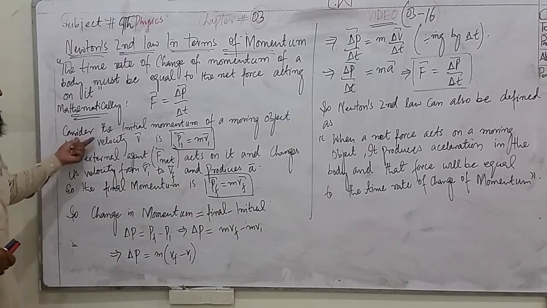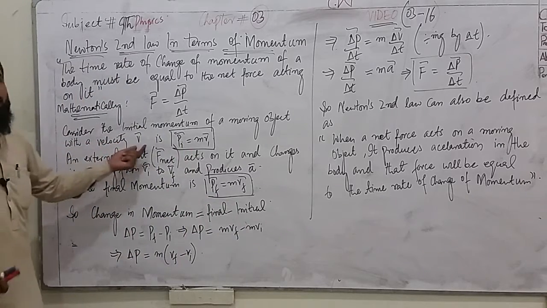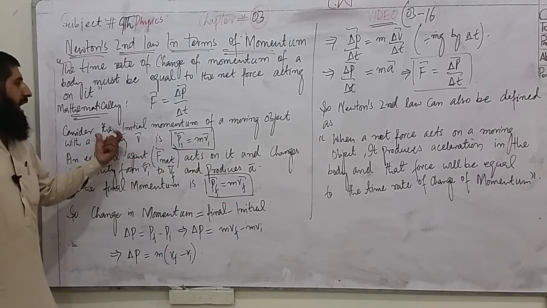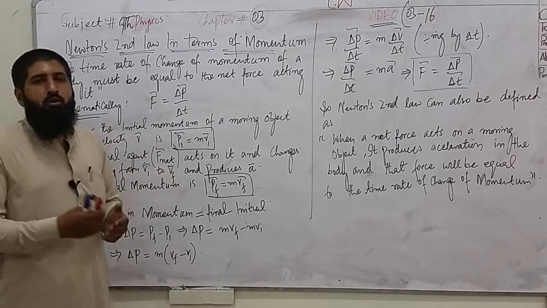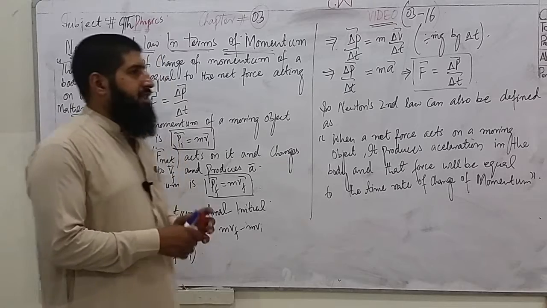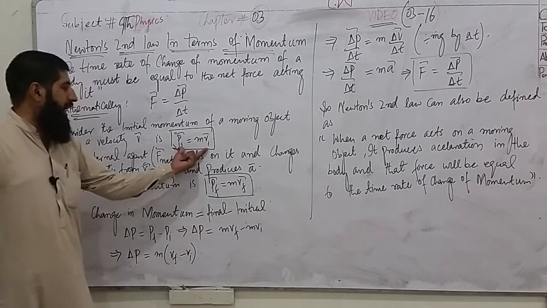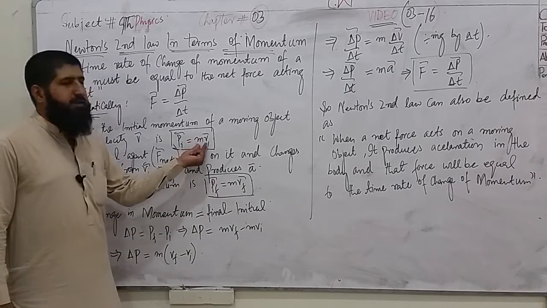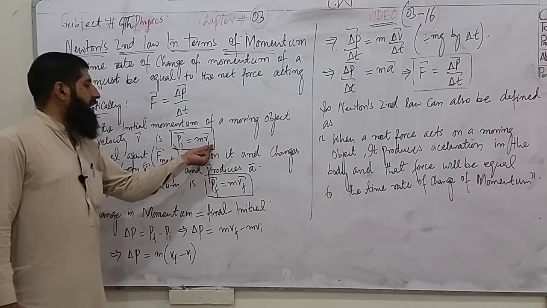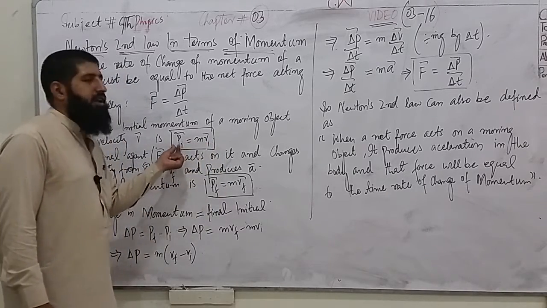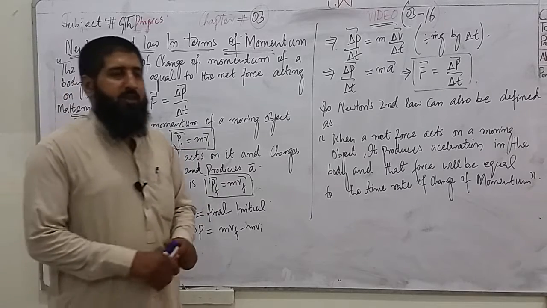Now let us consider the initial momentum of a moving object with a velocity. For example, an object is moving with a particular velocity, then its initial momentum will be equal to m vi, where vi represents initial velocity and pi represents initial momentum of that object.